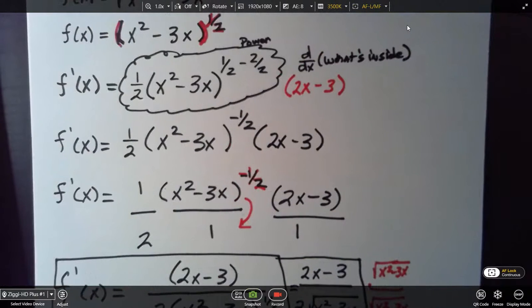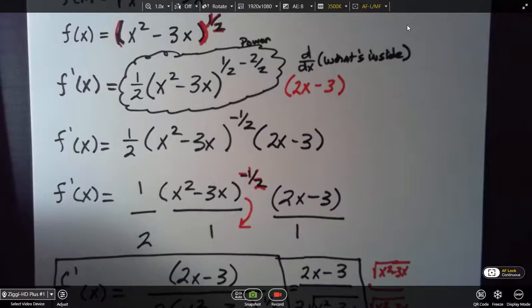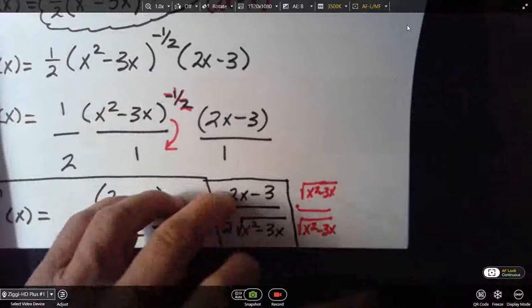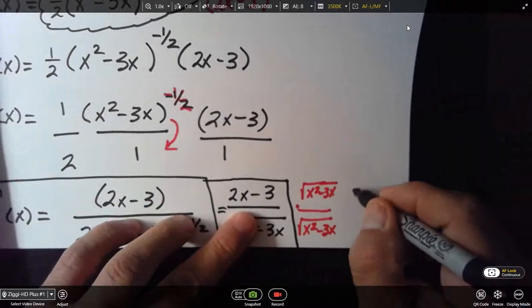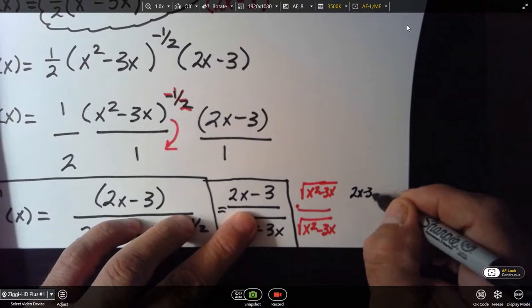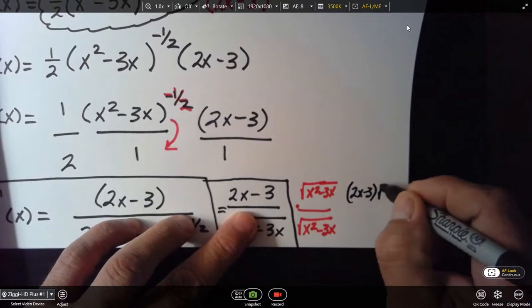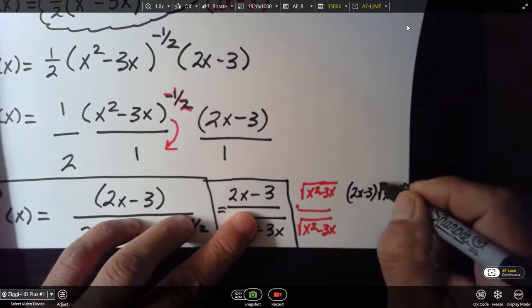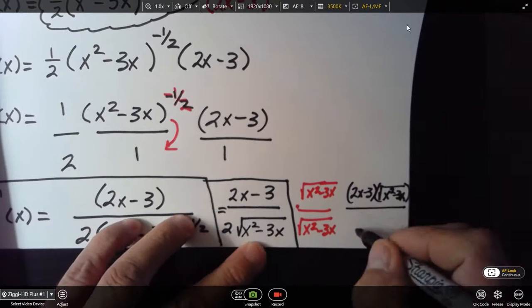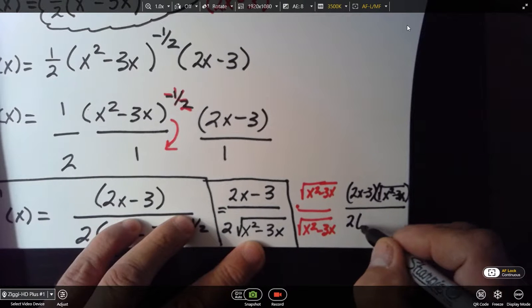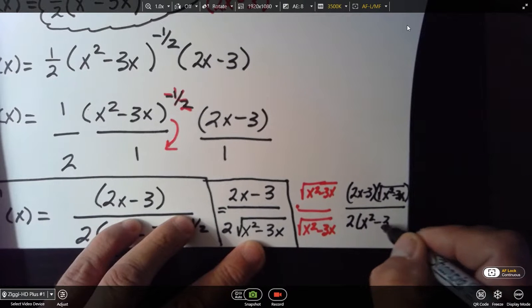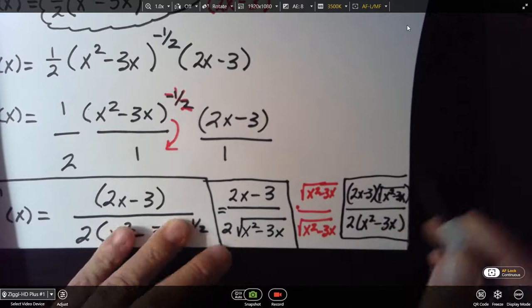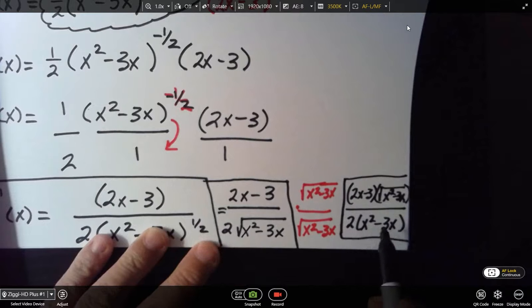When you rationalize the denominator, basically you get rid of the radical in the denominator. Your final answer would be 2x minus 3 times the square root of x squared minus 3x over 2 times x squared minus 3x. And all that does, when you rationalize the denominator, is get rid of the radical in the denominator.